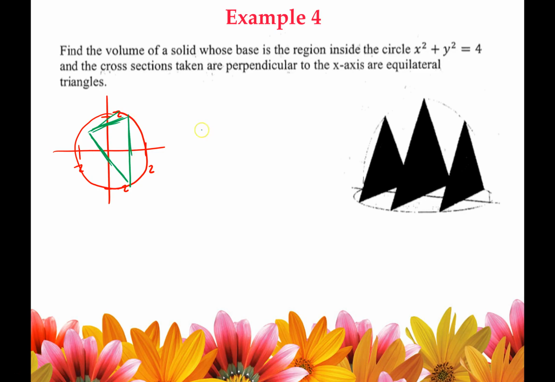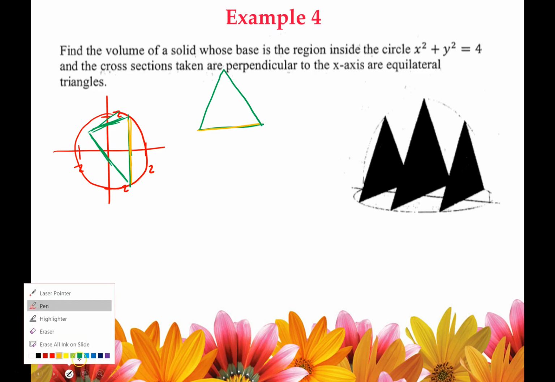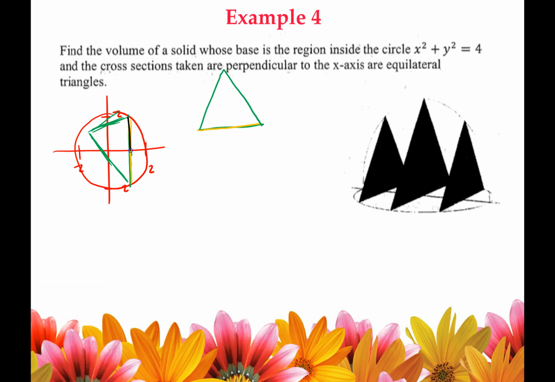All right, so for this triangle right here, let's go ahead and get our base in a different color here so you can see that, but our base is this. And we should have this memorized by now, but this section right here is a square root of 4 minus x squared from this.